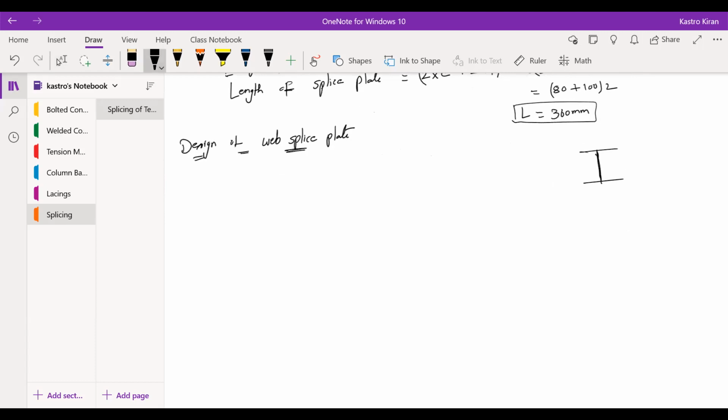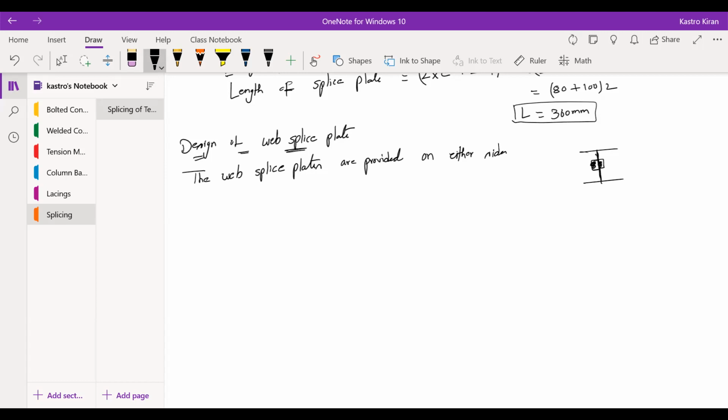The web splice plates are provided on either sides of web of column. I was telling you, you are going to provide the splice plate on either sides of the web of column.